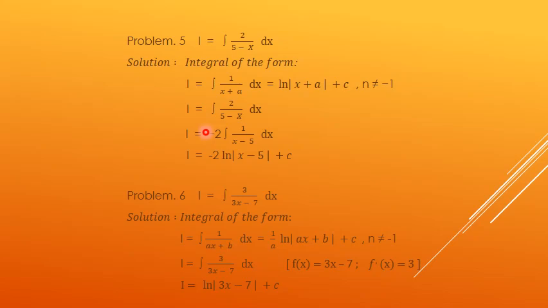So in an integral of this form, we have the derivative of the function upon the function. We can solve it by using this form. The form is given in the formulas, form number 3, and we put it here: ln mod f of x, equals ln mod 3x minus 7 plus c, and this is the required solution for the given integral.